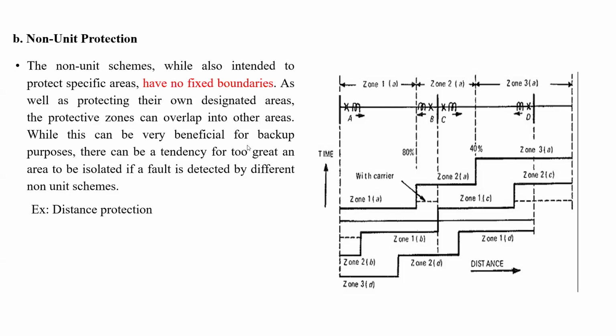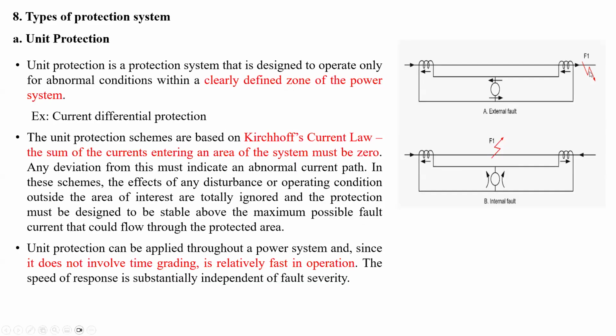If you check here, if there is any fault outside, this relay cannot detect it because it operates only for in-zone faults, and this unit protection will not act as a backup protection for any outside faults.